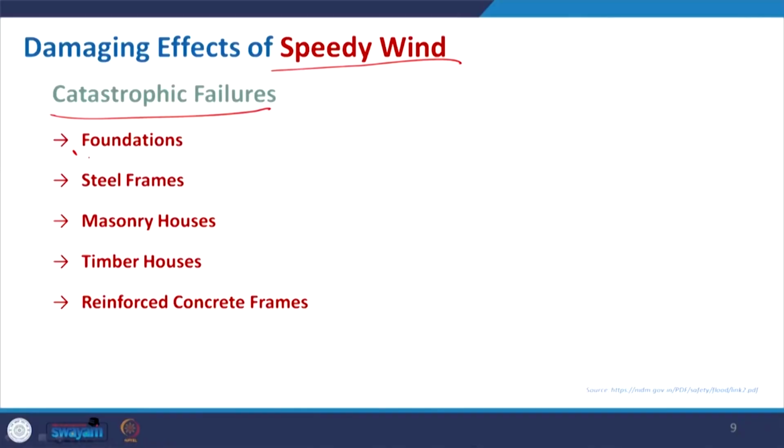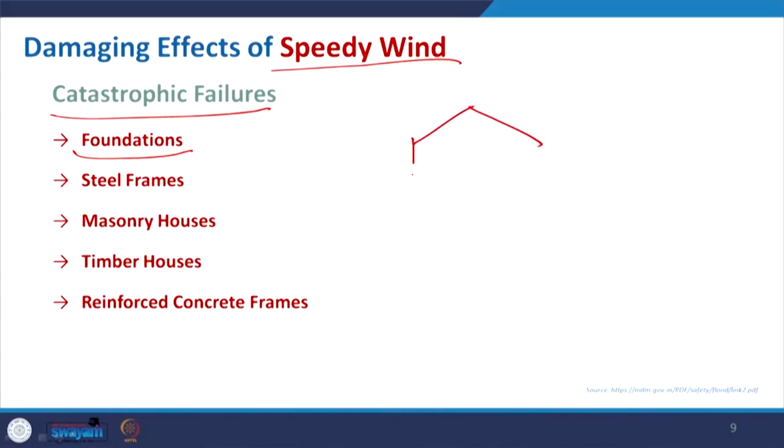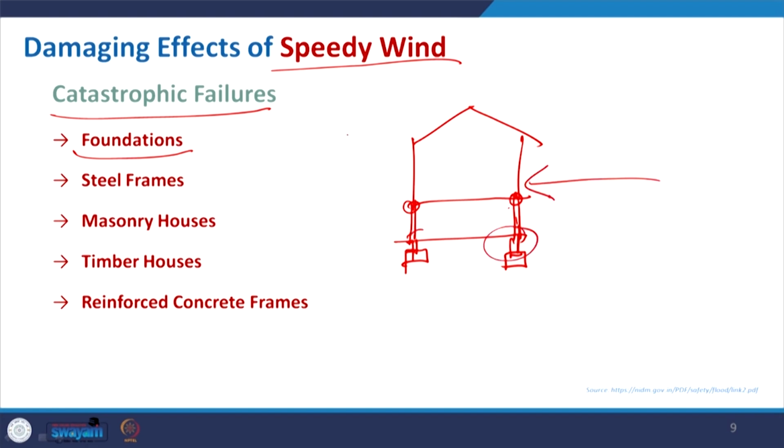Foundation failure is where, if your building is a tilted structure and these joints are not strong, or the legs are not anchored with the footing, then due to heavy wind it may really fail this particular foundation. So, these we have seen in other cases.